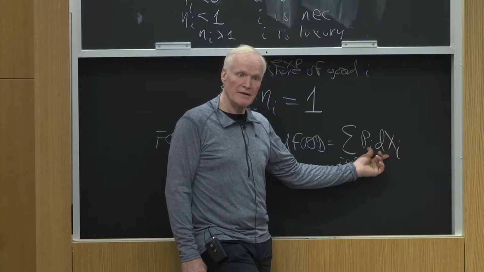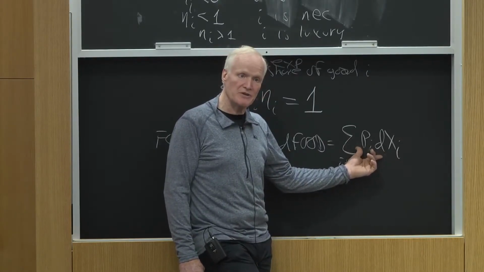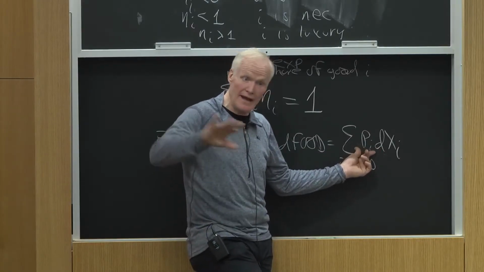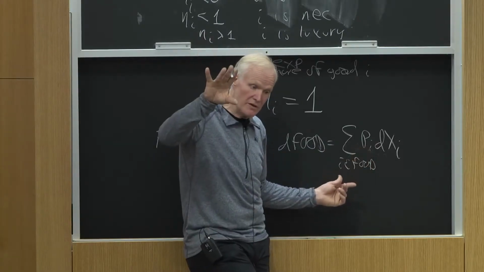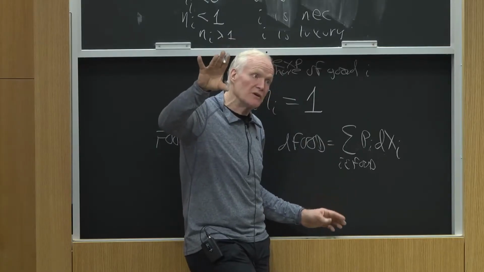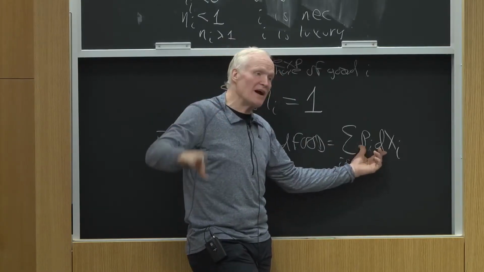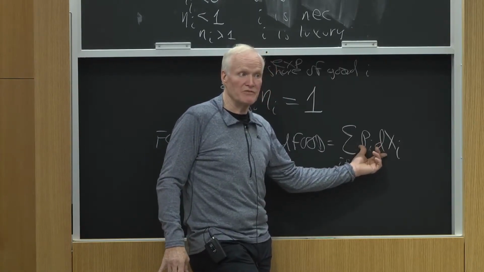Right? So that's the virtue of this kind of expenditure measure. Now remember, I'm holding the prices constant. I'm not looking at dP_i. I'm saying take the prices and measure the change in consumption at those prices. Value it, because it tells me the trade-offs he's willing to make. That's the big virtue of this.